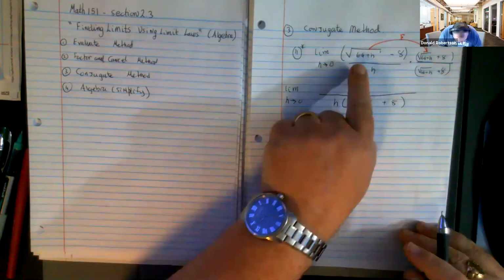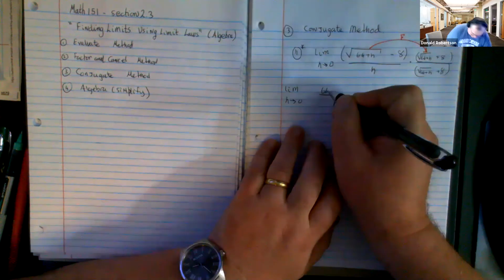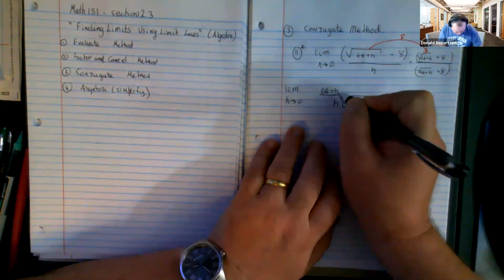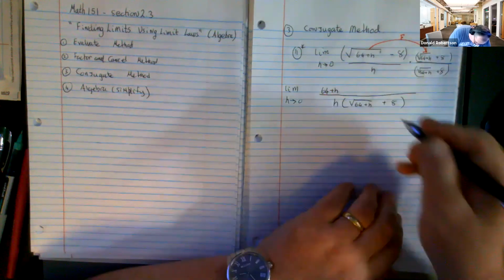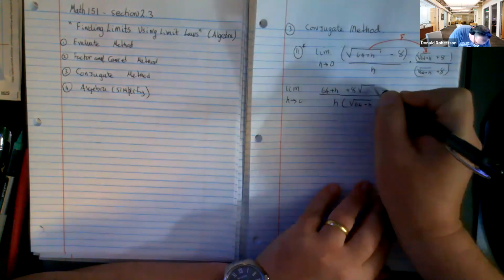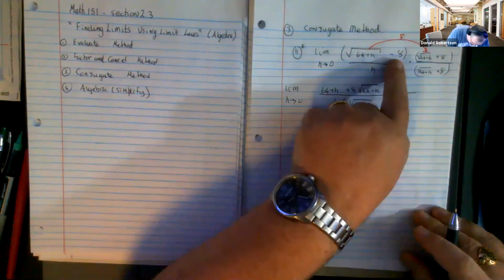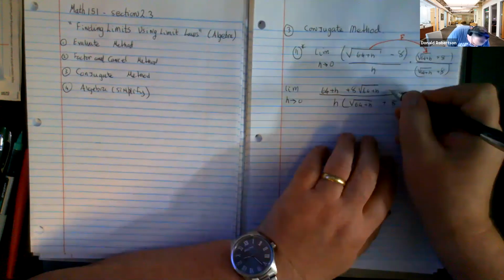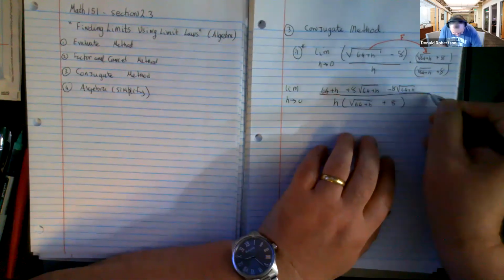The square root of 64 plus h times another square root of 64 plus h gets you 64 plus h. That square root times plus 8 gets you 8 square roots. That negative 8 times the square root gets you negative 8 square roots. And lastly, that negative 8 times that positive 8 gets you negative 64.